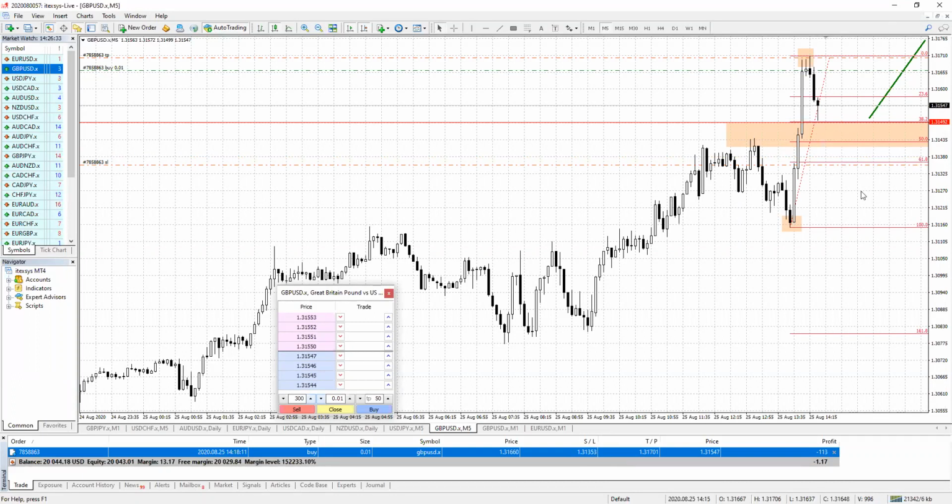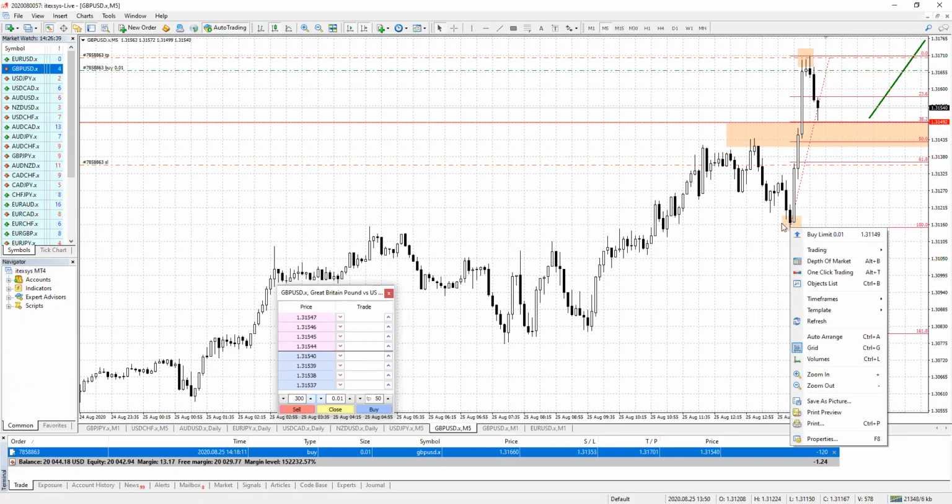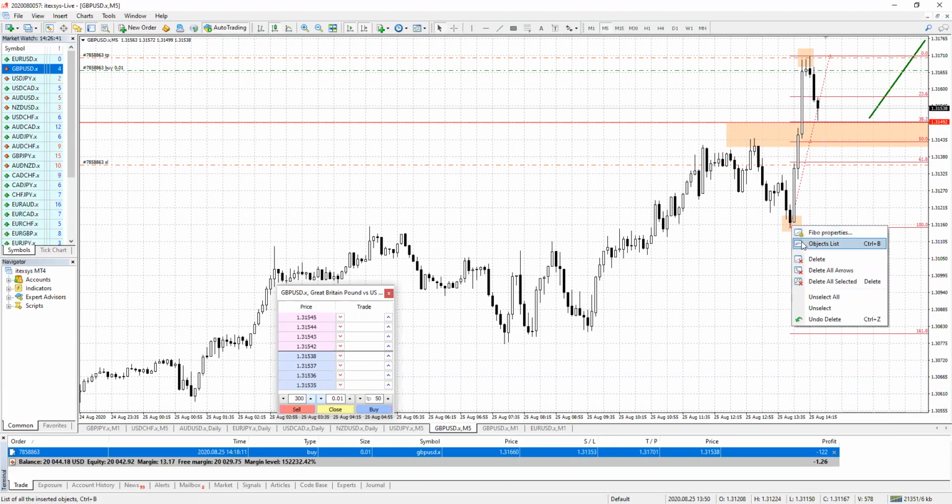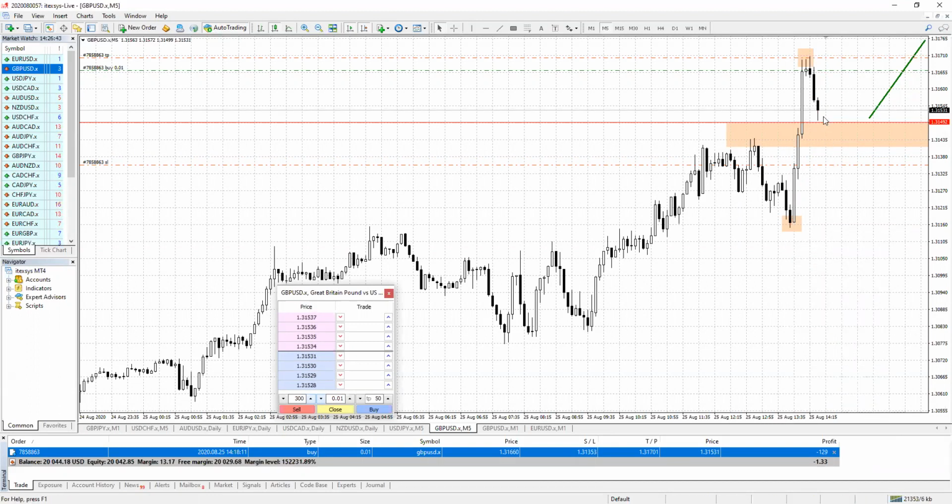If it breaks all the way, I'll just go out of the trade. And you can see right about the support level, there was the buying pressure.